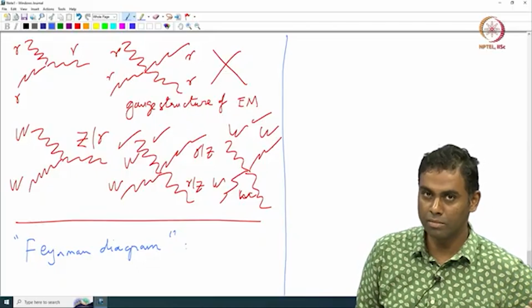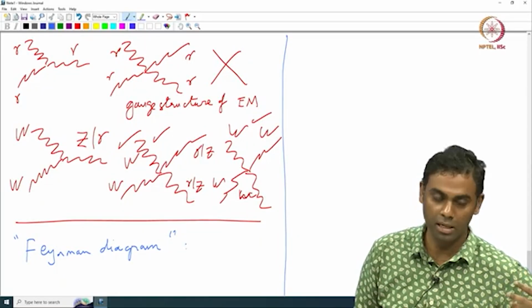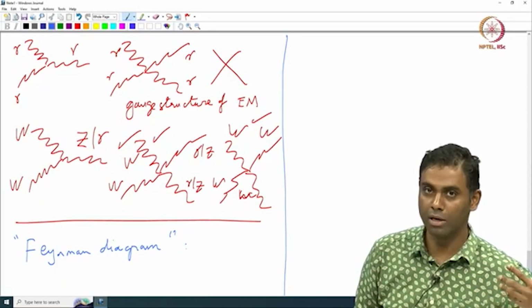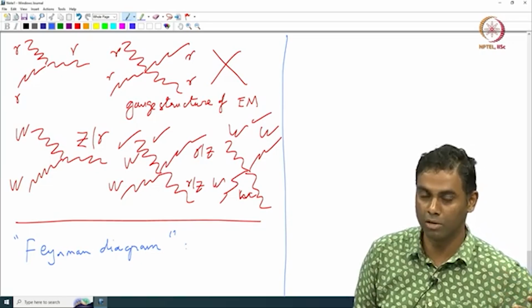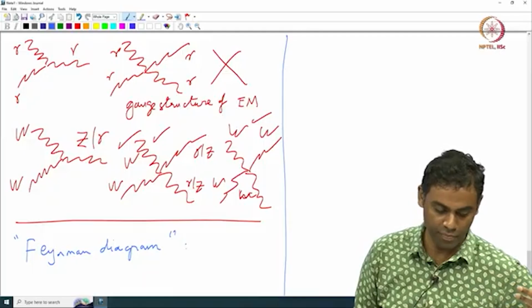Have you heard of this term? If not, go back to your quantum mechanics course and look at this. You must have seen transition amplitudes from one state to another, right, and from which you get Fermi's golden rule and so on, right.